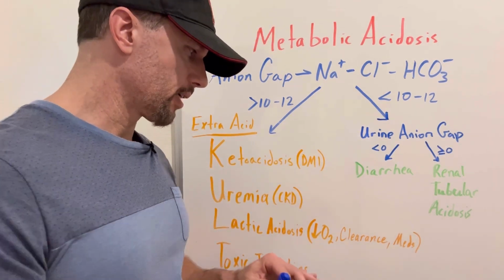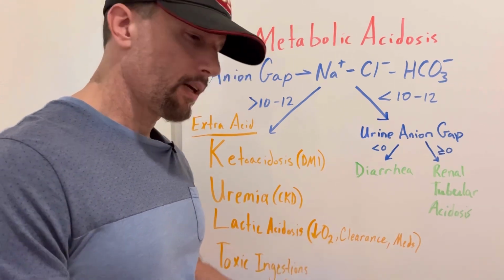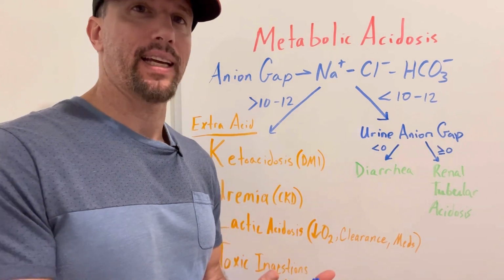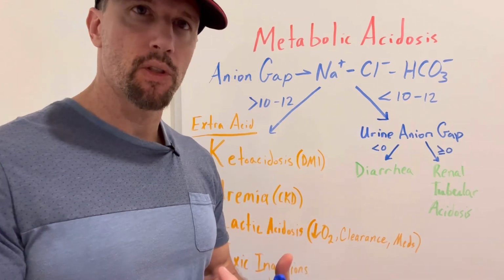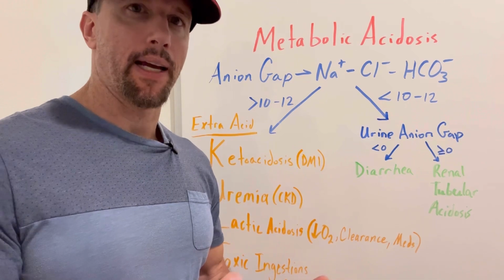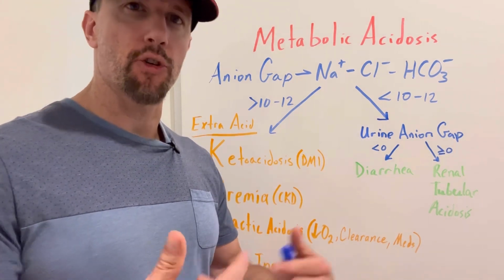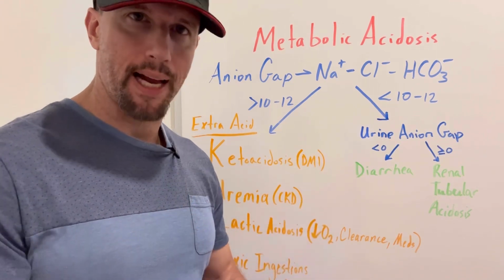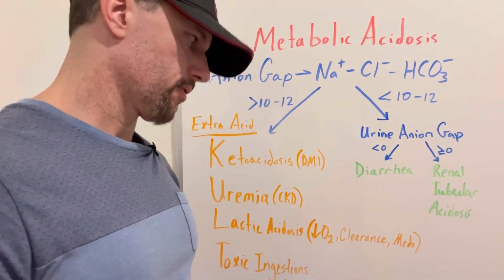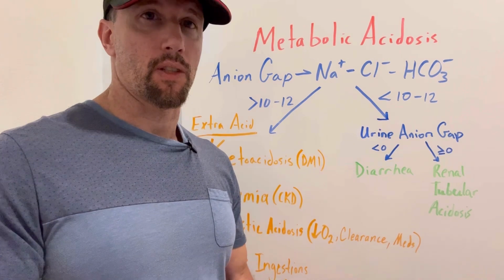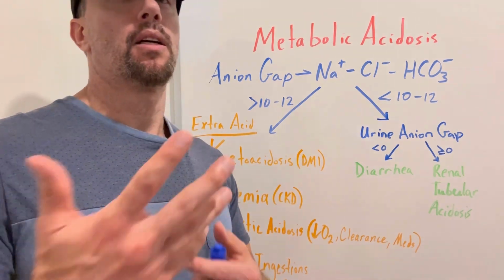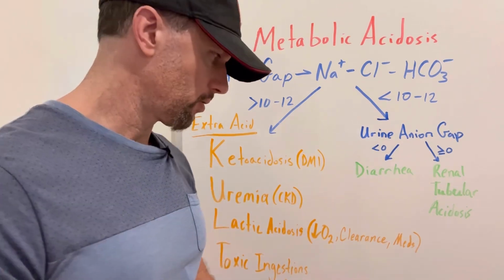So for some reason, if you're low on oxygen, maybe you have some kind of cardiogenic shock, like you're having a heart attack and you just can't get blood to the tissues, you don't have oxygen, and your muscle cells will have to generate ATP through glycolysis, and that builds up lactic acid. Any cause of low oxygen, it could be severe dehydration. You're hypovolemic and not getting enough oxygen to the tissues.